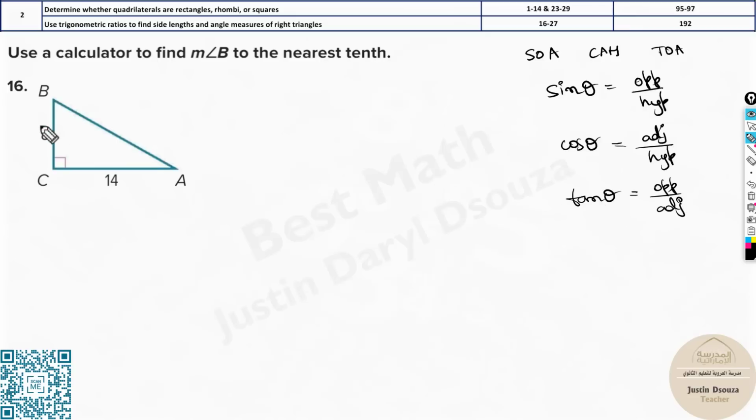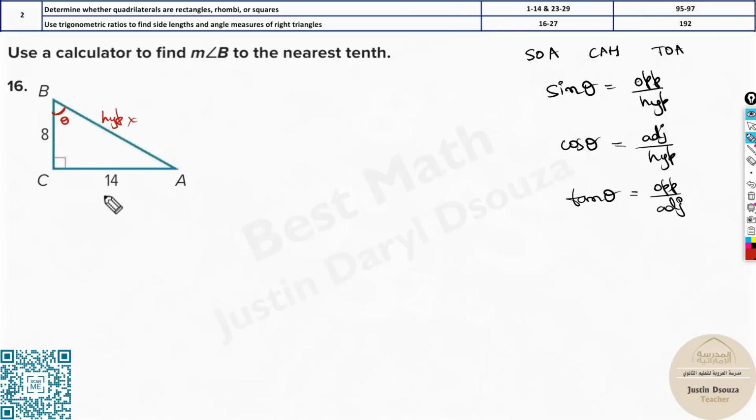Now here you need to see what you need to find. I need to find the measure of angle B. So now this one will become theta, that means the unknown angle. Theta is one of the letters in the Greek alphabet. What is known? This is 90 degrees. This is the hypotenuse. We don't have that. Leave that.